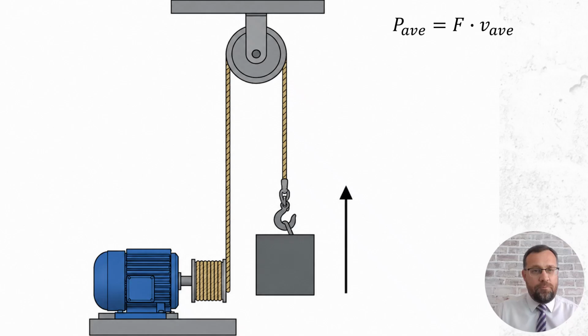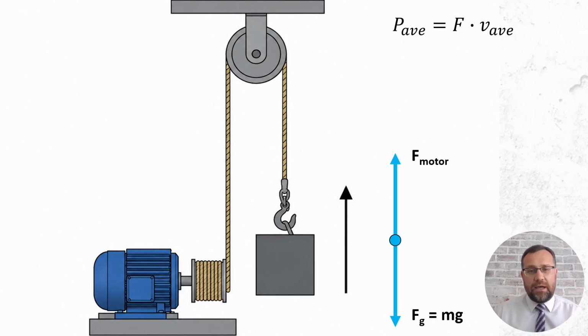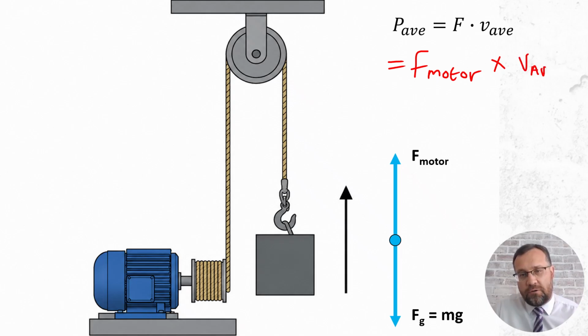Now, if we look at our free body diagram, we will thus see that that force exerted is the force exerted by the motor times the average velocity of the load.